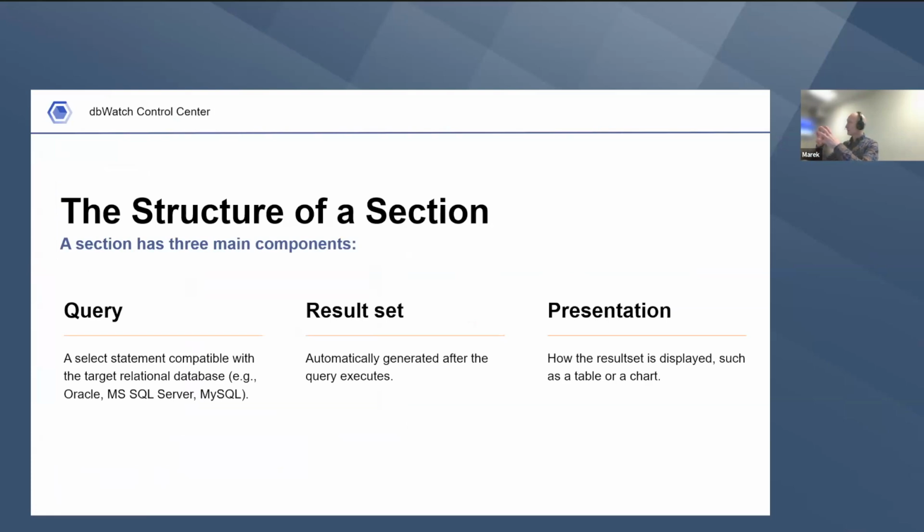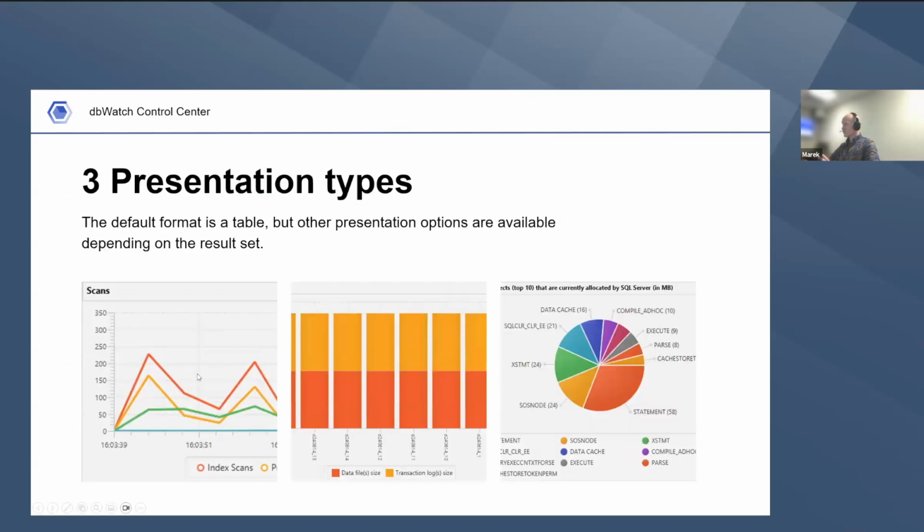And then presentation, and you can decide to present it as a table or pie chart, depending on the data you have presented. And today I am going to focus on the graphs, but of course I will show you also the pie charts and the tables, and also show you how you can merge data from multiple instances.